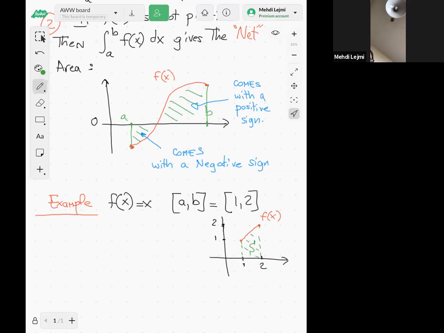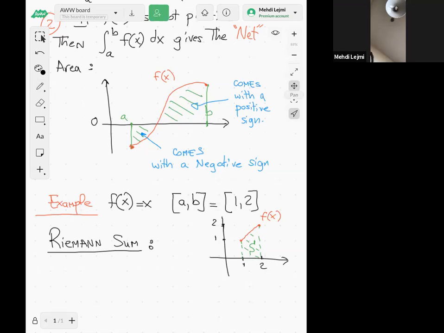So how does the Riemann sum work? Let me just remind you of that definition.